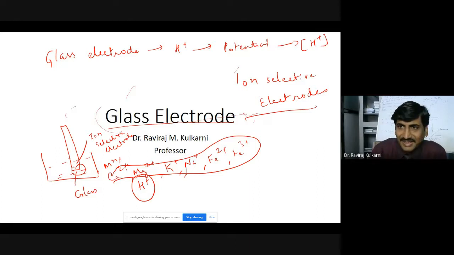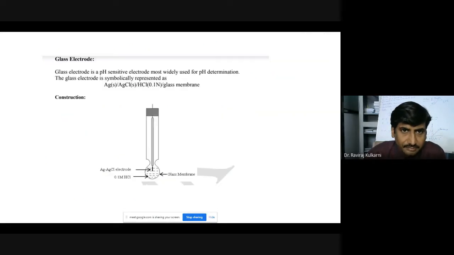Okay, this is what the ion selective electrode, especially the glass electrode, is. So how it is constructed, we'll discuss now. Glass electrode is also known as pH sensitive electrode. It responds to what?